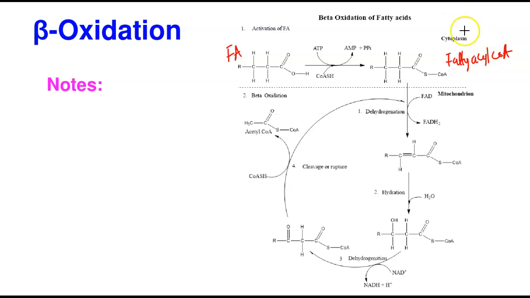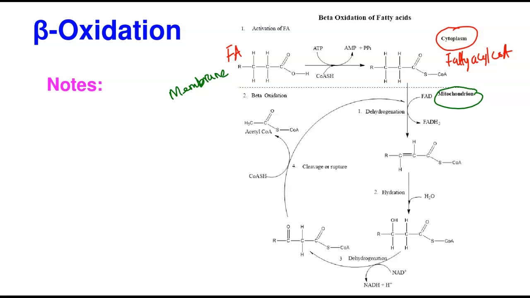Now, this is happening in the cytoplasm. This is the mitochondrial membrane. It quickly crosses into the mitochondria through a specific transporter that is not in the purview of this class.